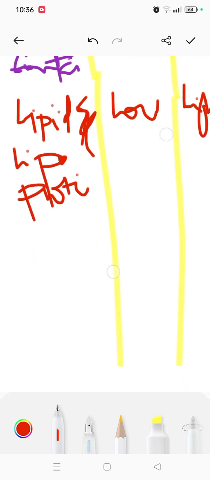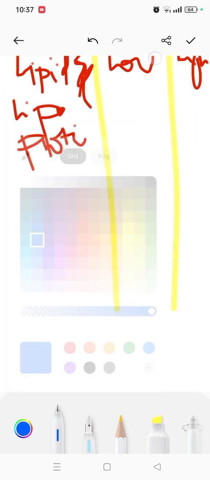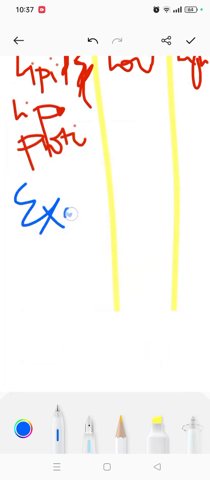That is the difference. Let's go with the examples so that you can easily identify them.